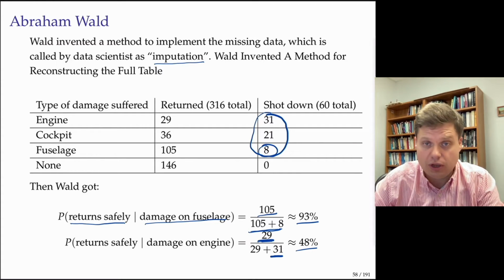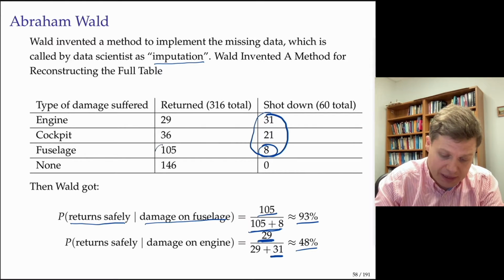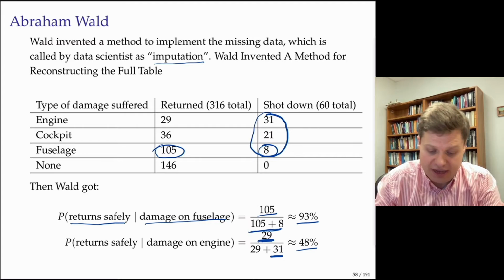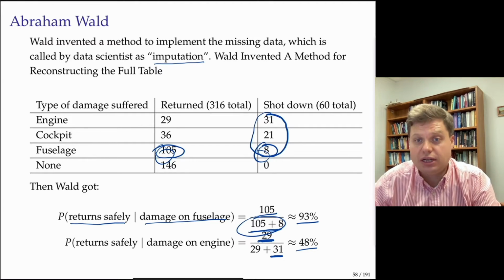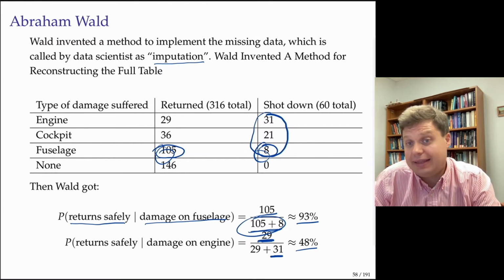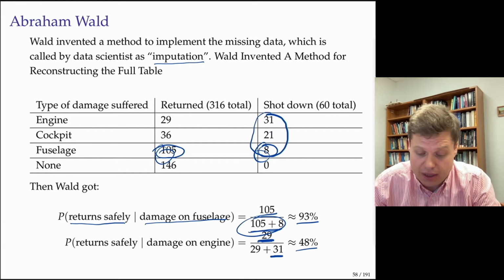So, for example, if you want to calculate the probability of returning safely given damage to the fuselage, we have 105 planes that returned safely, and then we have 105 plus 8 of the airplanes total that had fuselage damage. So a large proportion, 93% of the planes with fuselage damage actually did come back home. So it looks like the fuselage is not a big issue.